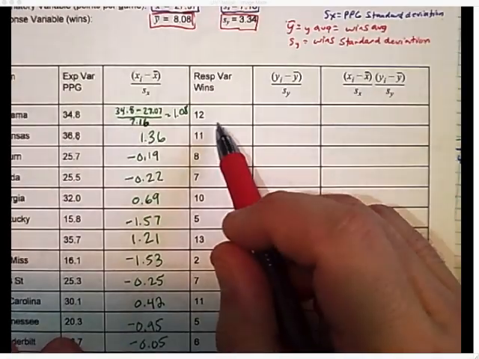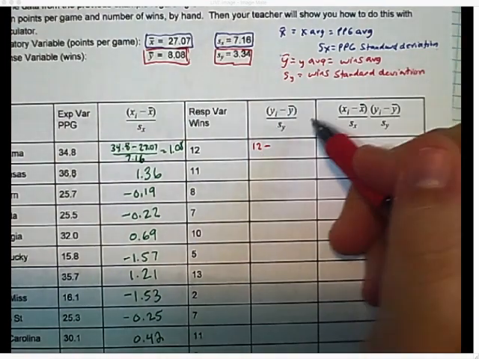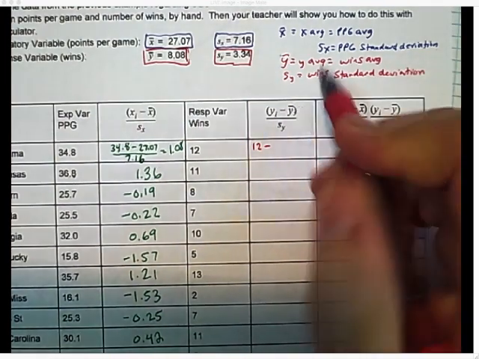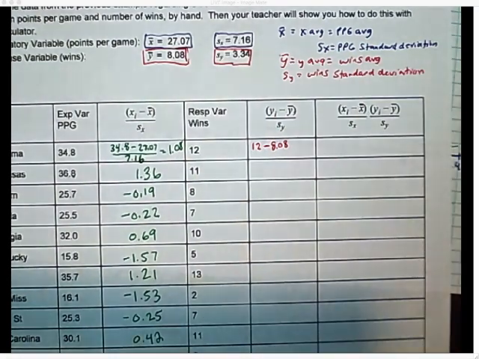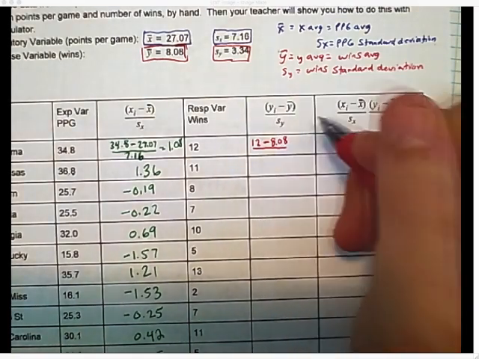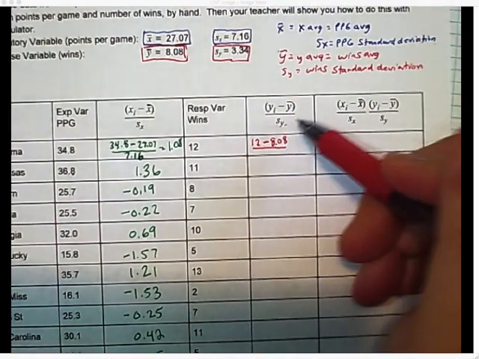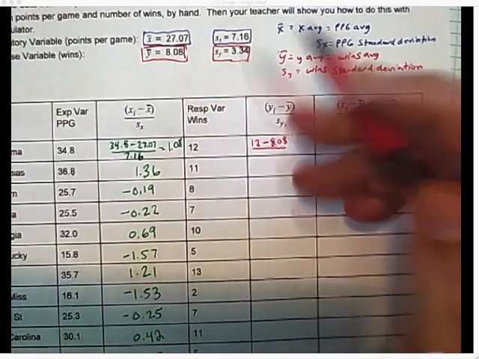So for Alabama, Alabama had 12 wins. But what was the average number of wins? It was 8.08. And I divide by the standard deviation of Y, the standard deviation of the number of wins, 3.34.